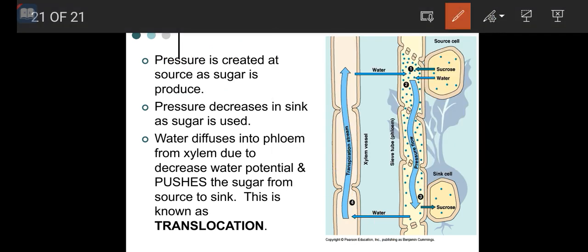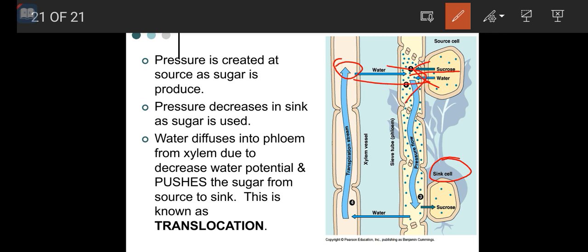What happens when sugar, meaning sucrose, enters the phloem? It decreases the water potential of the phloem. Here the sink cell is formed in the phloem due to water diffusion into the phloem from the xylem. This is the xylem, and water is diffused here.